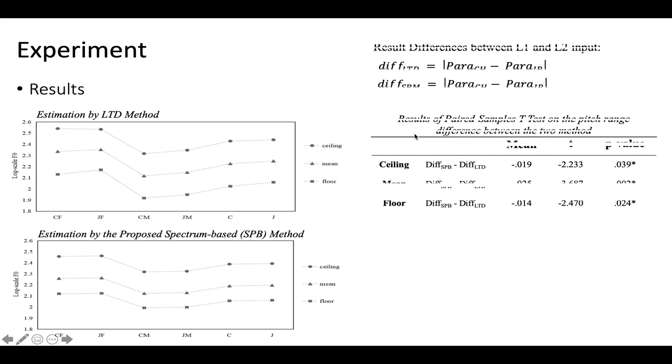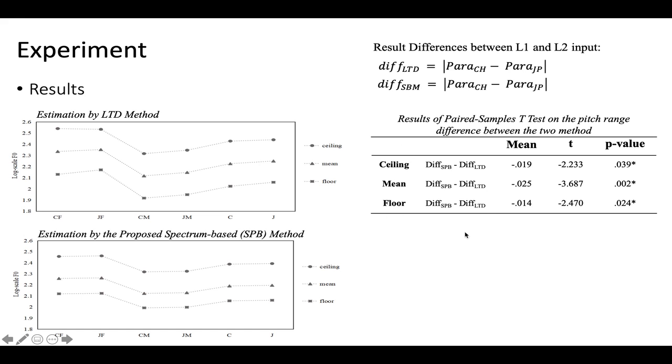To test whether the estimation results from the L1 and L2 input are significantly different in the two methods, we also carried out a paired samples t-test on the range of difference between the two methods. We first calculate the results difference between the two inputs, which is the L1 and L2 speech input, for the two methods and across all the parameters.